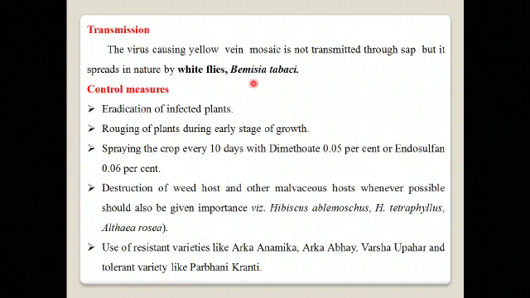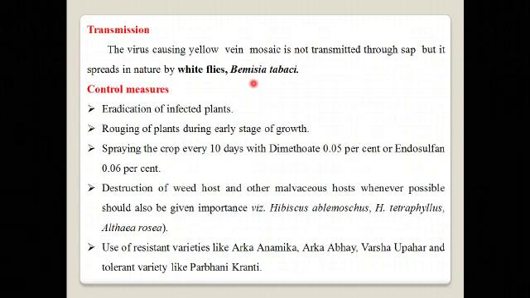So you can properly manage it by adopting some cultural management, some biological management, and some chemical management, or by growing resistant varieties.